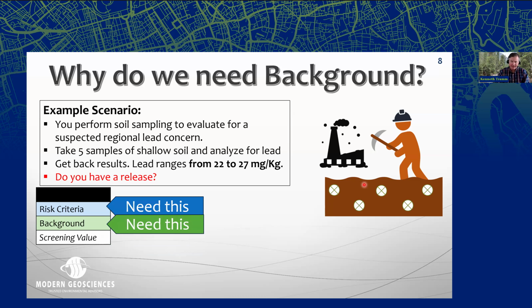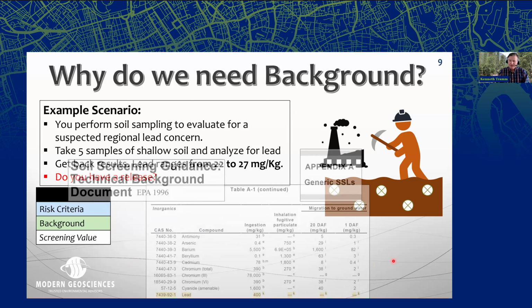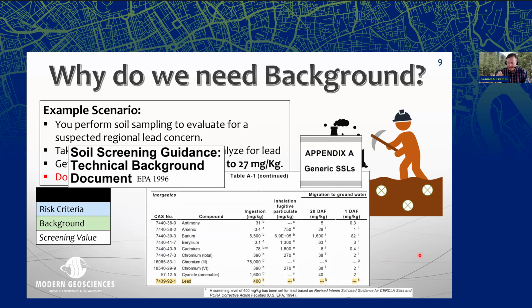So again, I'm talking lead, so we know lead exists naturally. So having this will be very important, especially when coupled with this. And then with those two together, I can actually get my screening value to then screen and say, do I have a release or not, right? So relatively simple.